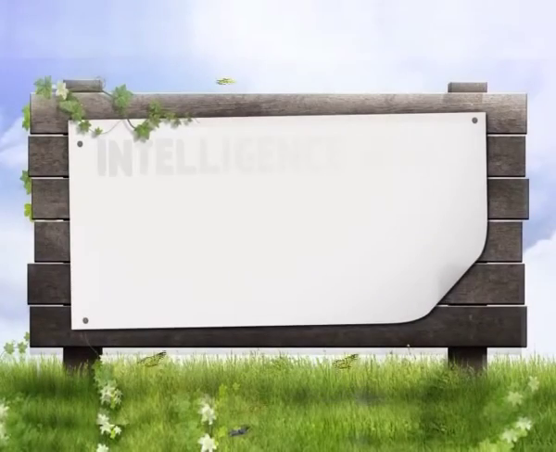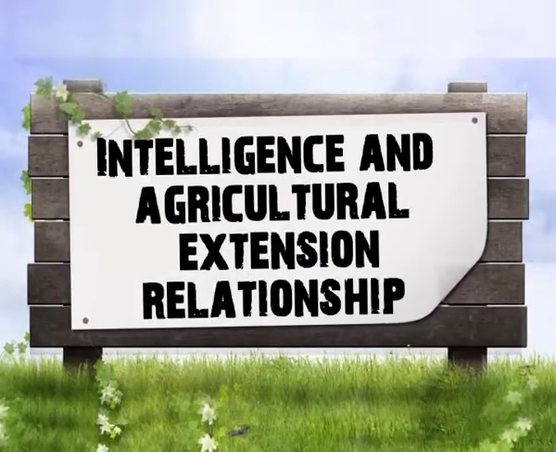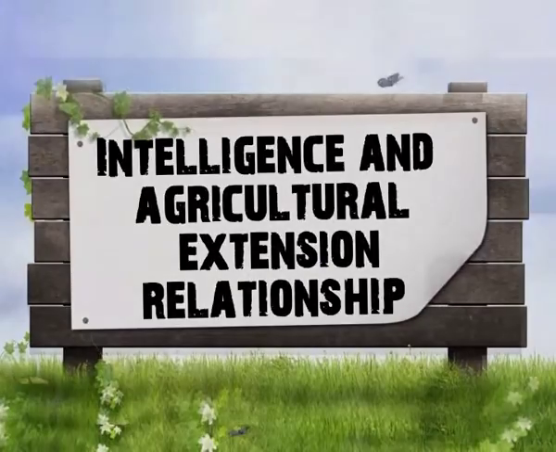Let us examine intelligence and agricultural extension relationship. Intelligence as a concept and state of an organism's mental ability plays a fundamental role in determining the scope and nature of learning and educating.